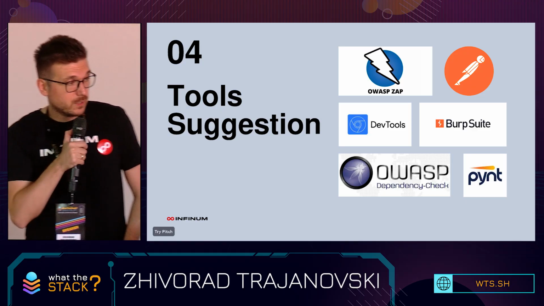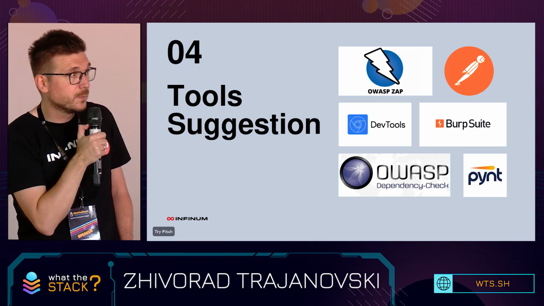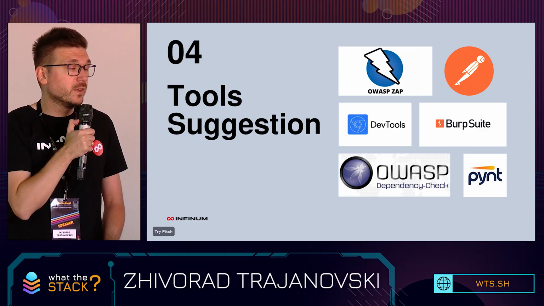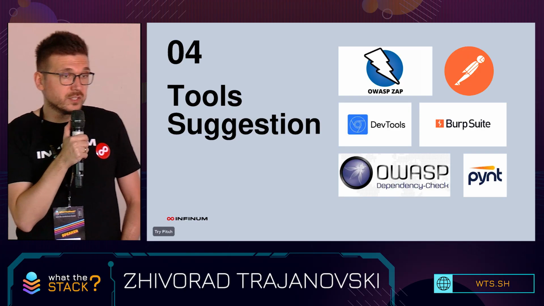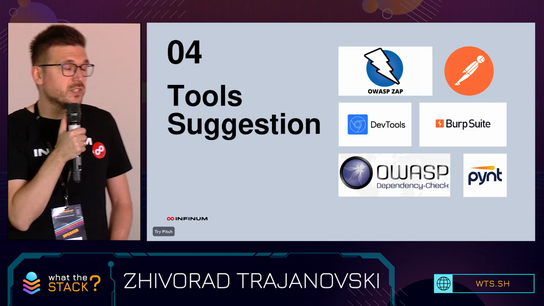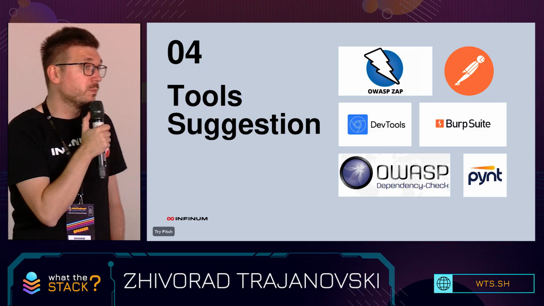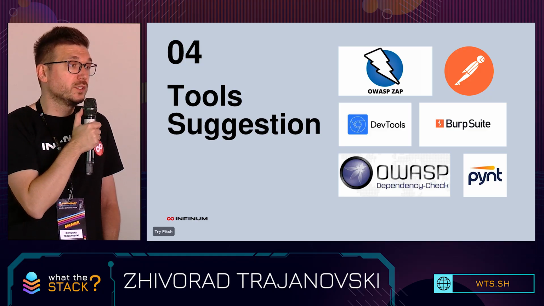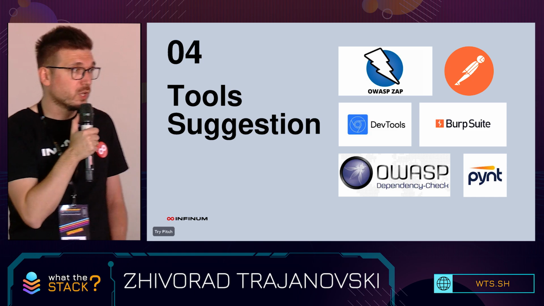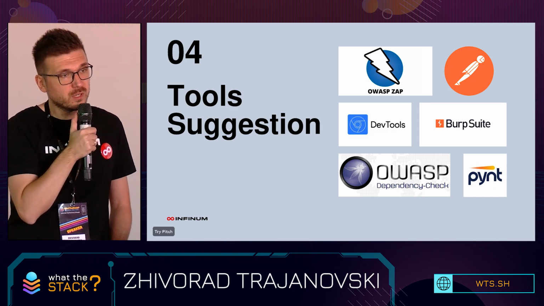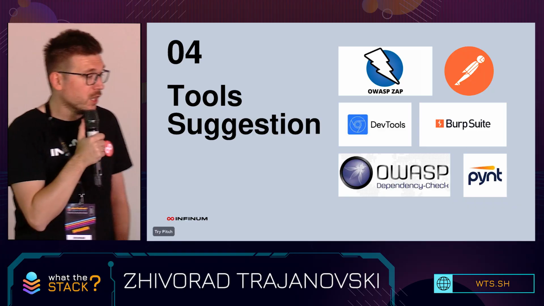Some of the tools are OWASP ZAP, Postman. You can even use your dev tools to ensure this testing is properly done. For example, in Postman, you can grab, as I said, the token from user 1, try to log in with user 2. Of course, this should be rejected by the server, and you should be verifying and validating this.